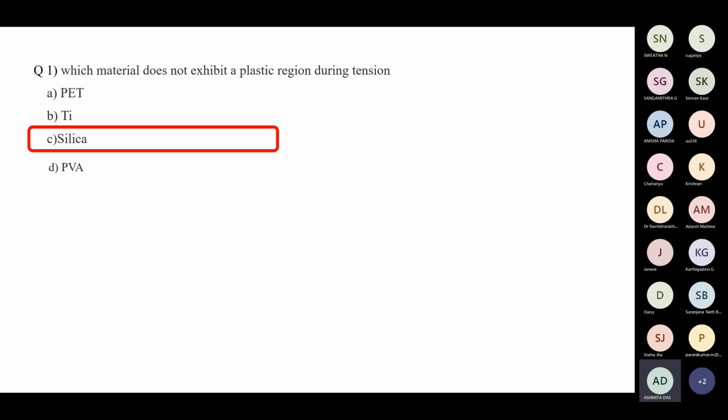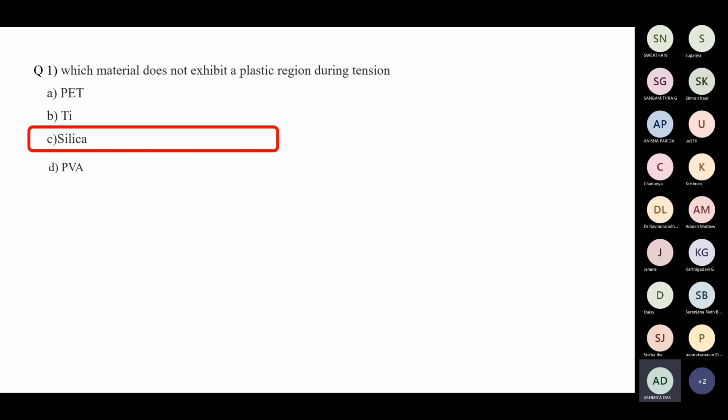In the case of silica, it's more like a straight line touching the origin. So stress is always proportional to the strain. And in the case of PVA, we also find a very big portion in the plastic region. So from there we can say silica is the material which does not exhibit a plastic region during tension.